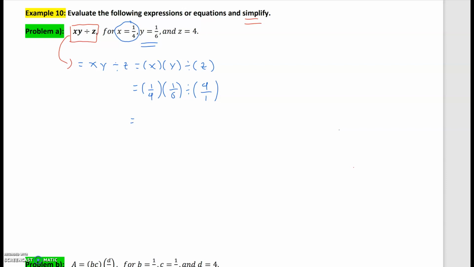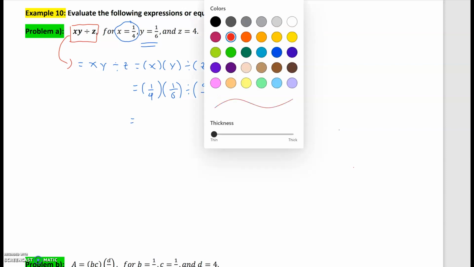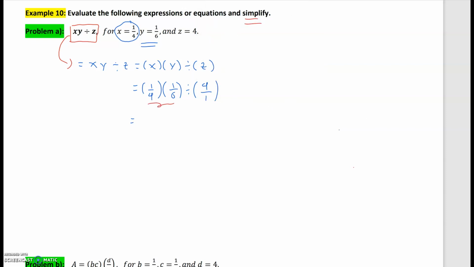And then in this case, I'm just going to multiply from left to right, but I'm not going to simplify yet. So I'm just going to express this as 1/4 times 6 divided by 4/1.